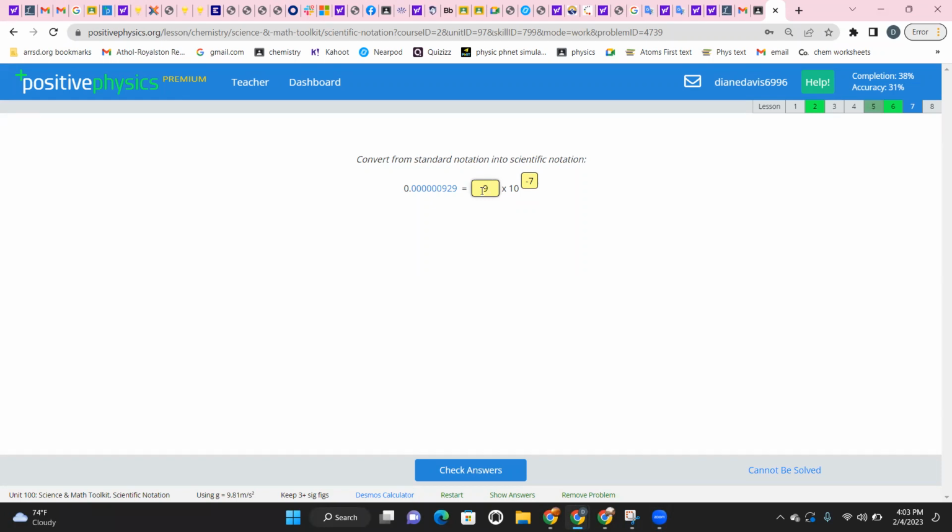So remember when we were looking at it before, if it was negative, we'd go to the left. And that's what we would want somebody to do to get from this notation to this number. The person would need to go to the left 7 places. So let's check that.